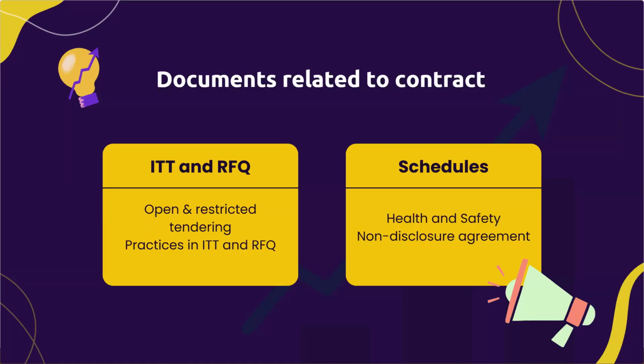On the other hand, especially for very complex projects, a contract could be very complicated and the contract body alone cannot cover the full risk of the contract. Therefore, we may need other documents like different schedules to complement the contract.